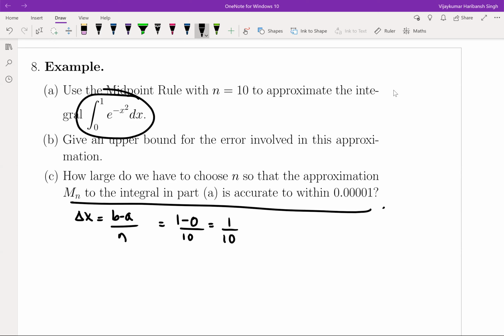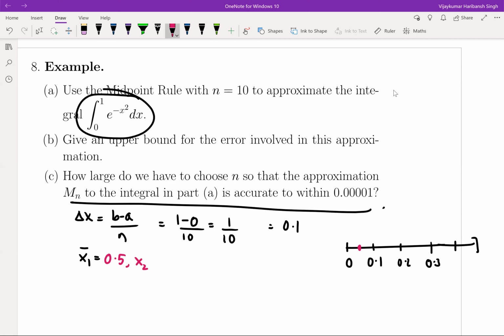So we get delta x, which is 0.1. So what is x1 bar? We have 0, 0.1, 0.2, 0.3, and so on. We are taking the midpoint. So what is the midpoint of the first one? 0.05, right? So x1 bar is 0.05. x2 bar is the midpoint of the next two, which is 0.15. x3 bar is 0.25, and so on.